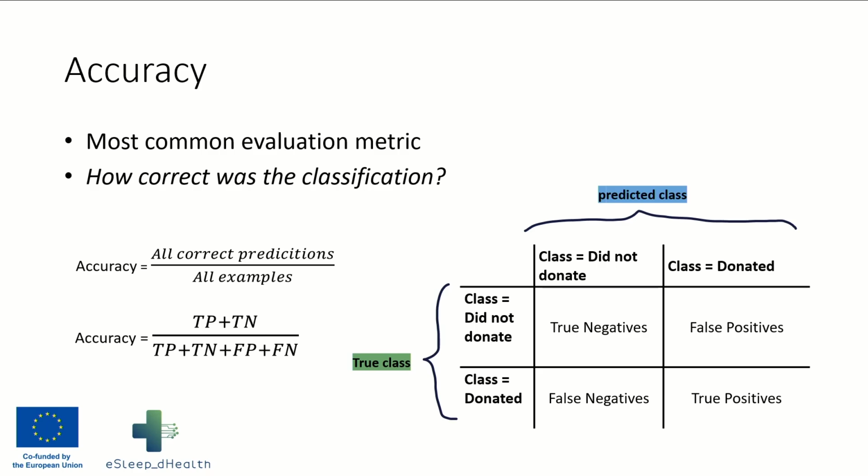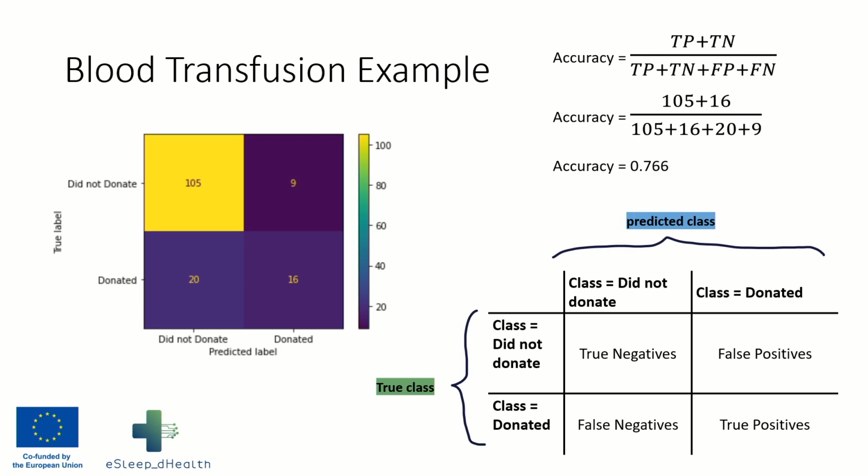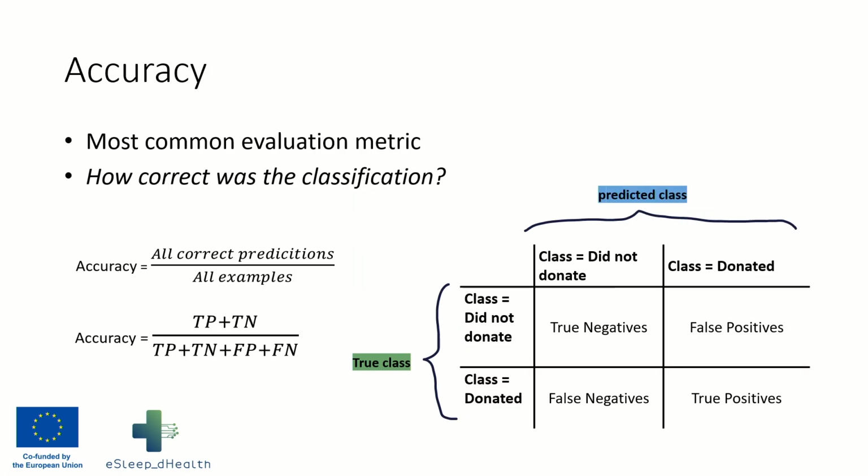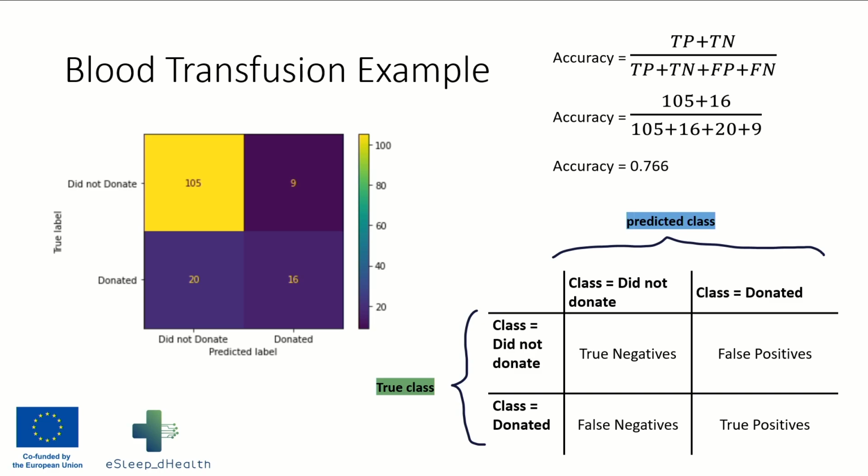So in this case, all correct predictions are the ones in the upper left square, so the 105, plus the predictions in the lower right square, so the 16. Those are all correct predictions, and we divide those by all of the examples in the test set, so by the sum of all squares.